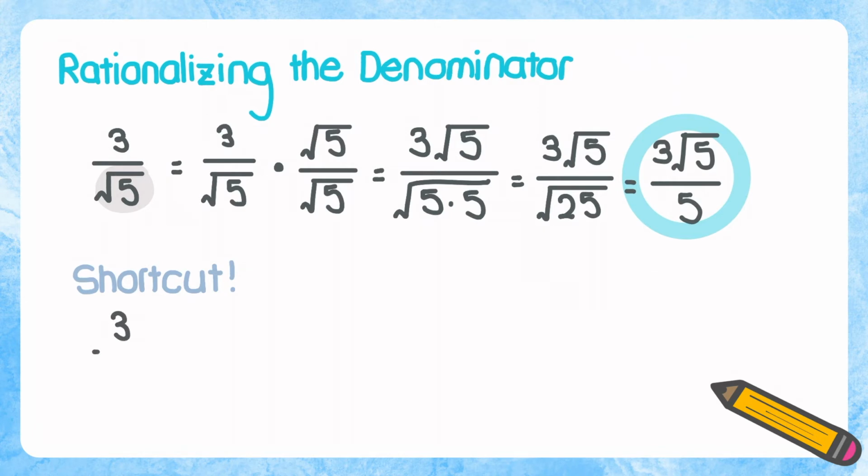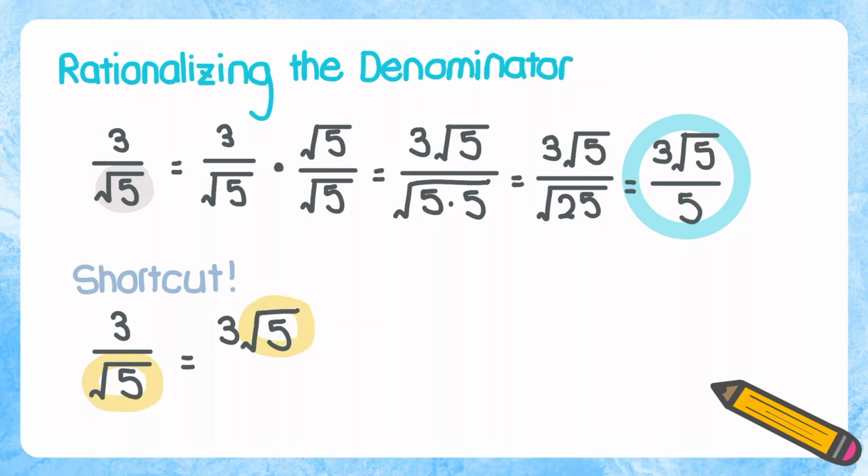So we have 3 over the square root of 5, and what you can do is have a 3 in the numerator, and also in the numerator bring that radical up here.